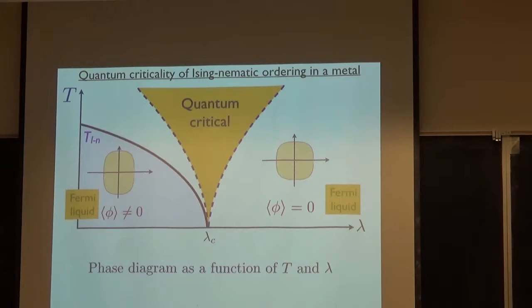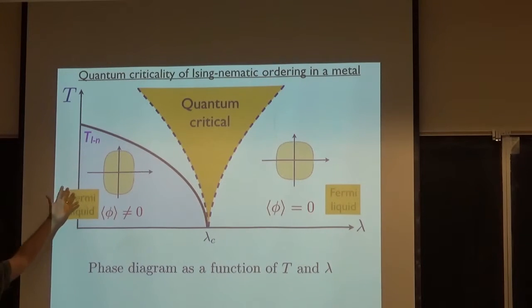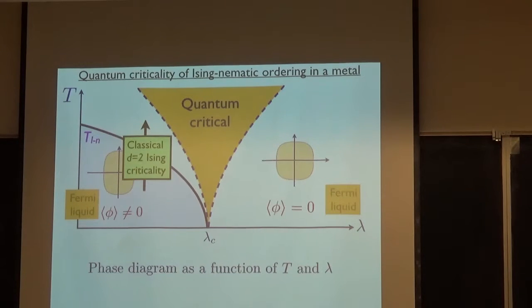So the only thing that can be important for long distance physics at finite temperature is the boson degrees of freedom, and that's just an Ising order parameter. So at finite temperature, you expect there to be an Ising transition, in the same universality class as the Onsager solution of the 2D Ising model. You have the same critical exponents and so on. It's just a finite temperature Ising critical point. So that's this line over here.